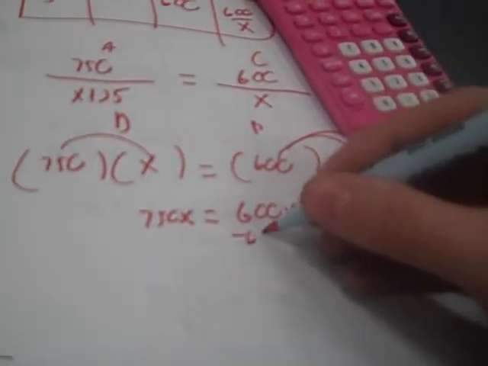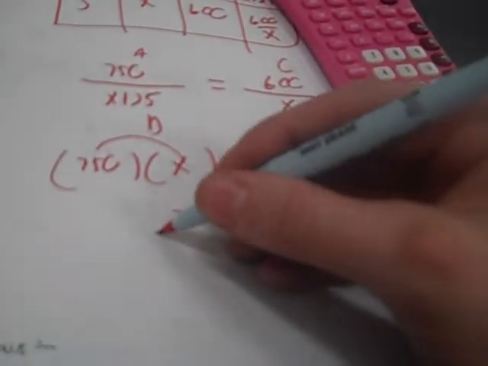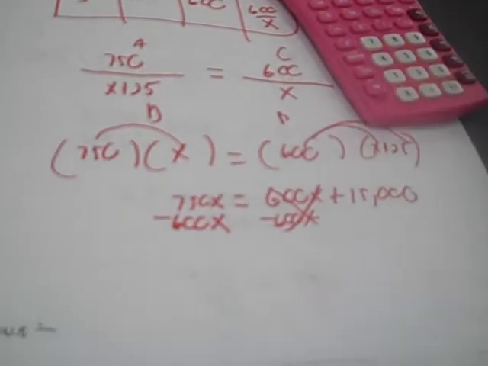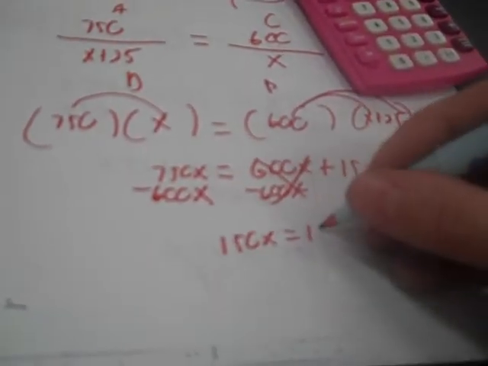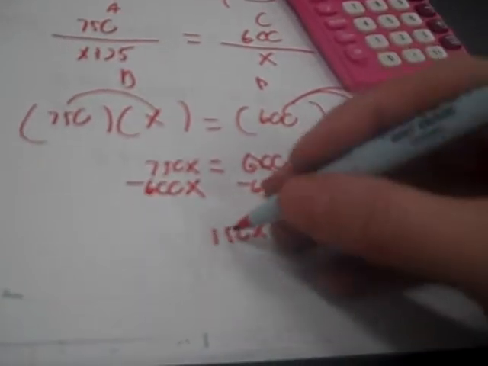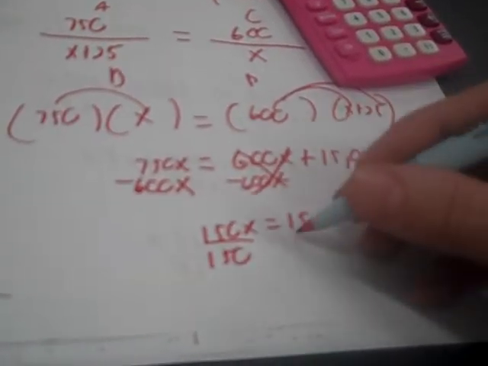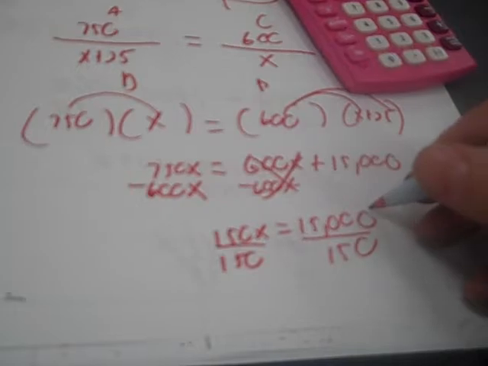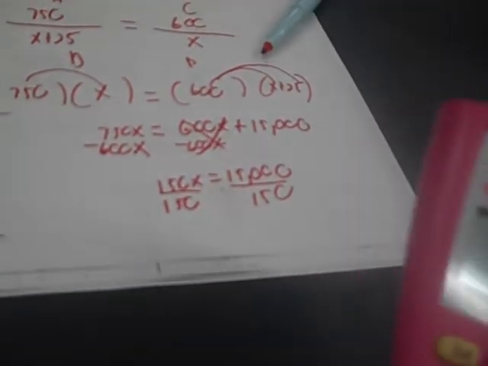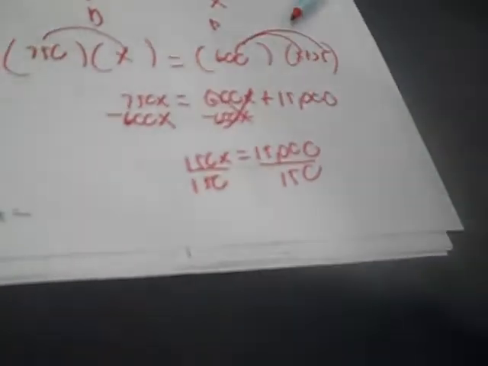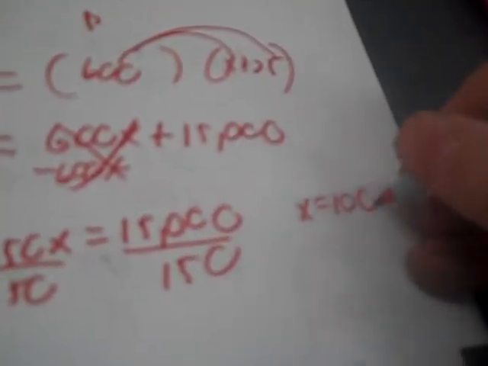Then I minus 600x from each side. That's 150x equals 15,000. Now I divide by 150 here. I get 100. That's not your answer, though.